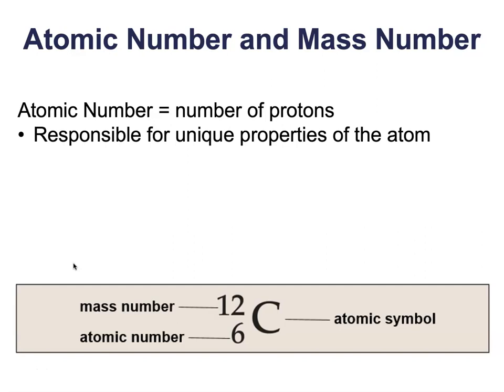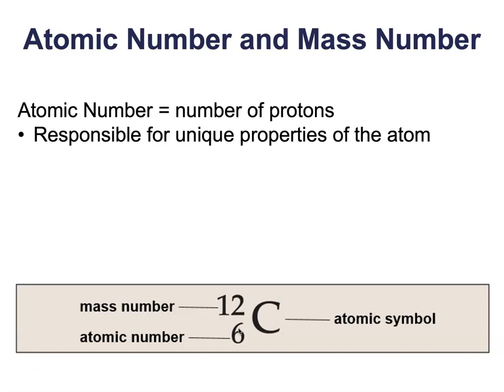And generally, atoms are considered to be electrically neutral, meaning that there are going to be equal numbers of protons as electrons. So in the case of carbon, the atomic number is 6, that means there are 6 protons in the nucleus. Since protons are positively charged, that means we have 6 positive charges in the nucleus.